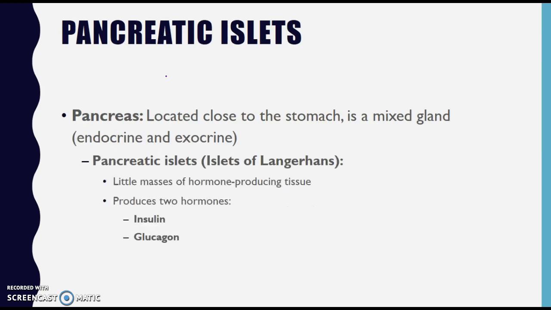All right, we're going to move on to our pancreas. The pancreas is located close to the stomach, and once we get into the digestive system, you're going to see that it's also what we call an exocrine gland, and it helps with digestion as well. But we're going to focus on the endocrine function of it. This is an extremely important concept for this class.